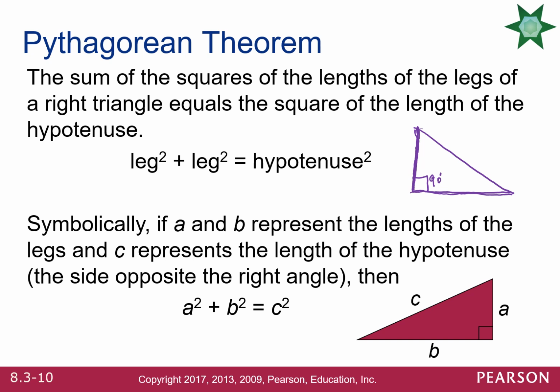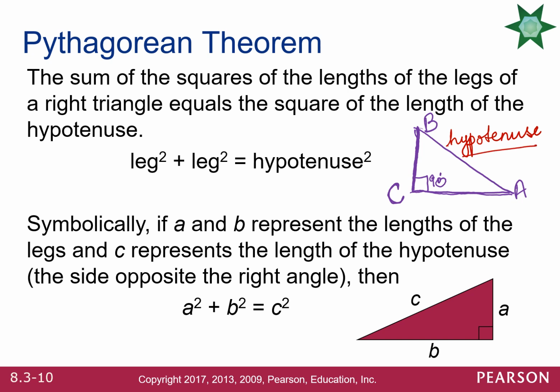By convention, we denote the right angle with a capital C, and the other two angles are just referred to as A and B. So we have angles A, B, and C, C being the right angle. The side opposite the right angle is termed the hypotenuse.